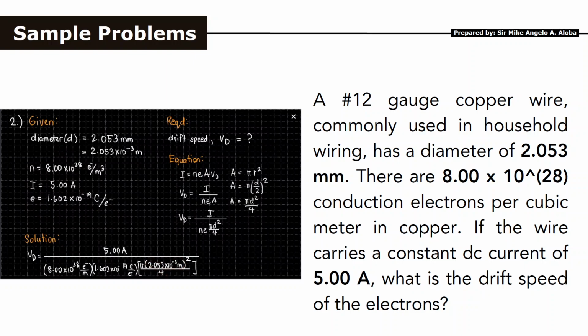Plugging it in your calculator, that would yield an answer of 1.179 times 10 raised to negative 4 meters per second. Make sure that your units agree with each other by converting every given into its counterpart SI unit. Alright, so let's proceed to number 3.